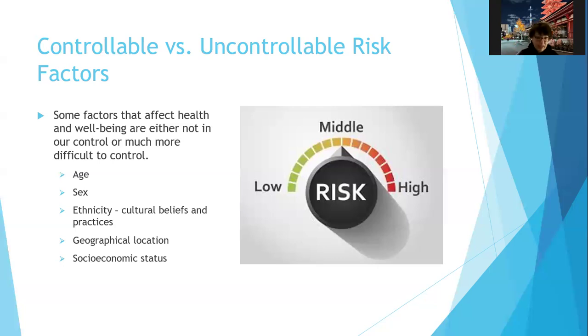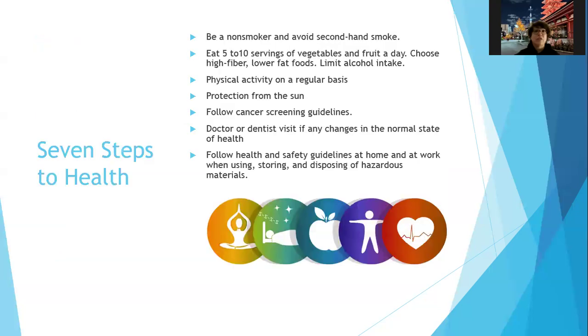In the book, there's a link to an NIH video that is not available anymore. Some of the videos have been taken down since the book was published, but there's still some good information on the National Institutes of Health website, but you have to dig for it. It's not as easy to find as it used to be. So just know that that is a less easily controlled risk factor. It's not uncontrollable, but less easily controlled.